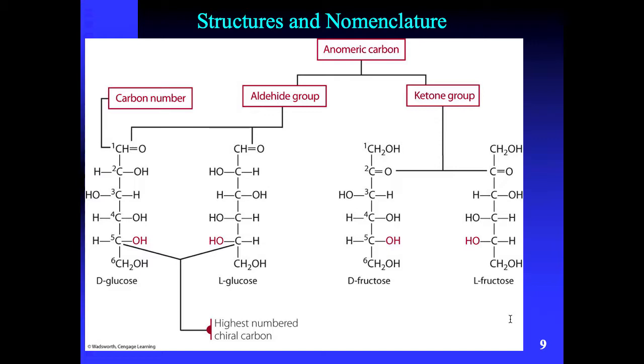In other words, if you take these two, it's like you put a mirror in between them and you were looking at their images like this. But if you look at this, the hydroxyl group is on the opposite side for the L form. And all the other chemical groups are flipped as well, including this one. If the hydroxyl group is to the left on the highest number chiral carbon, it's L.